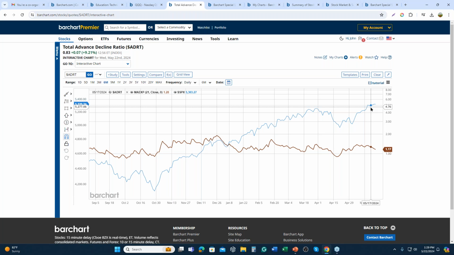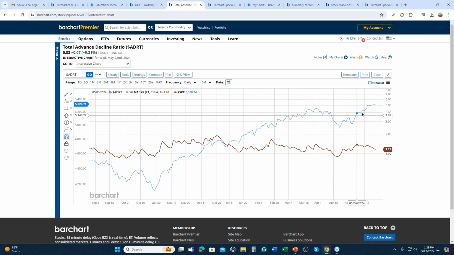Now, what I see here in terms of big picture, and this is really where breadth helps us in that big picture analysis, is my advance decline ratio is trending lower. So yeah, this is trending lower. Now, that's not necessarily a bad thing, but it does mean that market participation or breadth is waning.